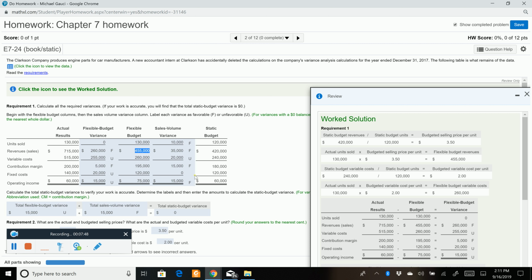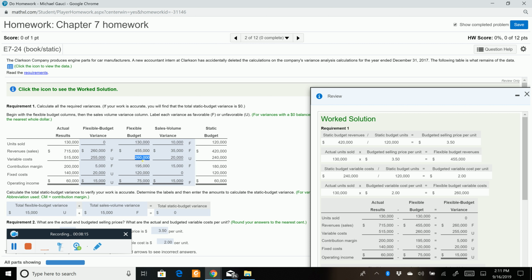The variable cost, once again, if we take the static budget of $240,000 divided by 120,000 units, that is a budgeted variable cost of $2 per unit. If we take the $2 per unit and multiply it by the actual activity level of 130,000 units, that's where you'll get your $260,000.